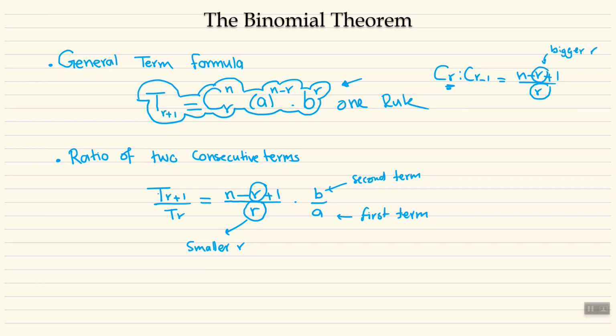Which rule is that? This rule. So you don't need to memorize a lot of rules. This is the rule that we'll always use to solve any question in the ministry, except one case only. When you see that the question contains a ratio of two consecutive terms, you'll use the second rule, which is this one.